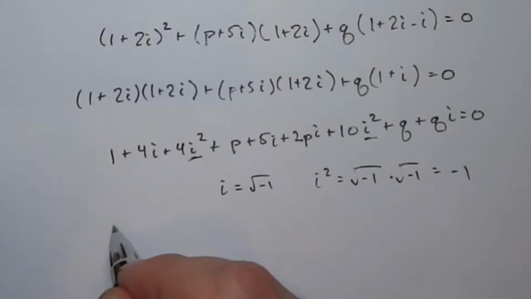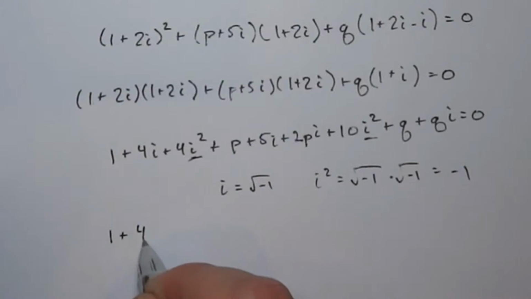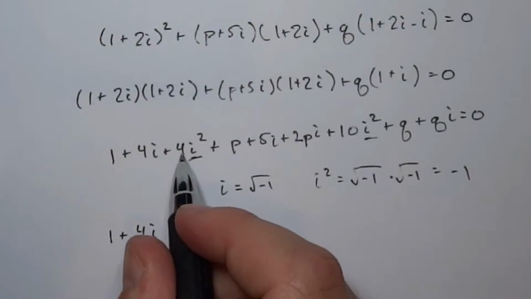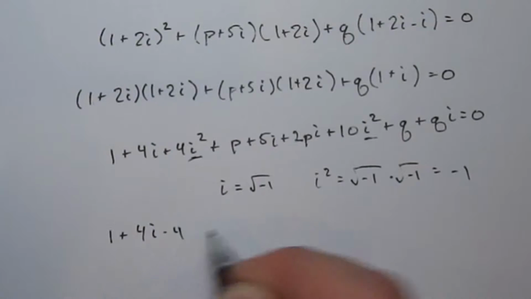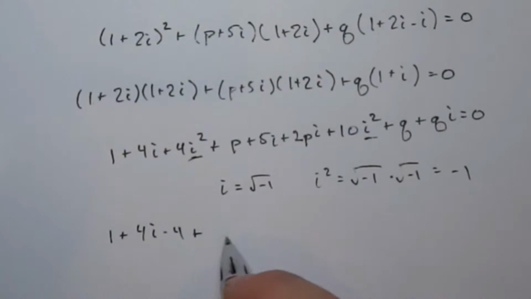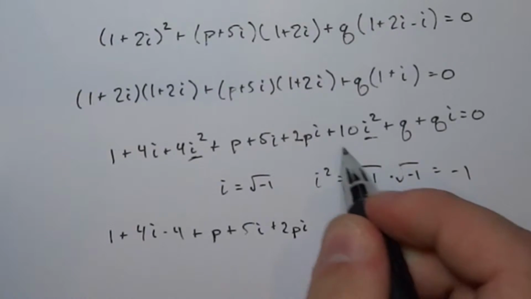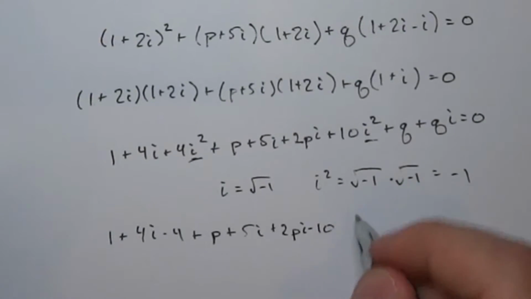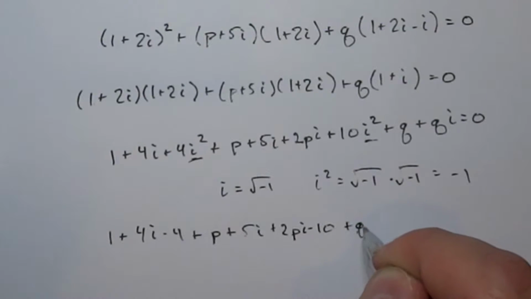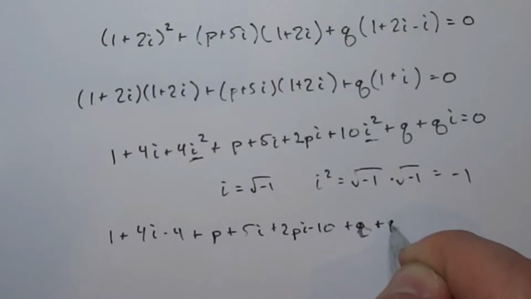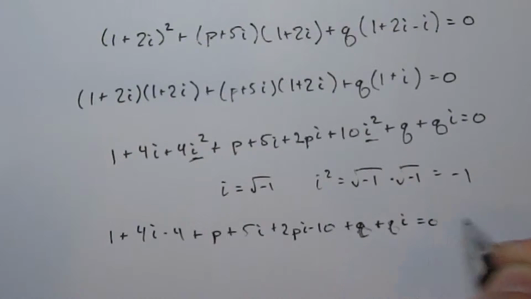So that's going to give me 1 plus 4i. Now 4 times -1 is -4. Plus p plus 5i plus 2pi minus 10 now plus q plus qi equals 0.